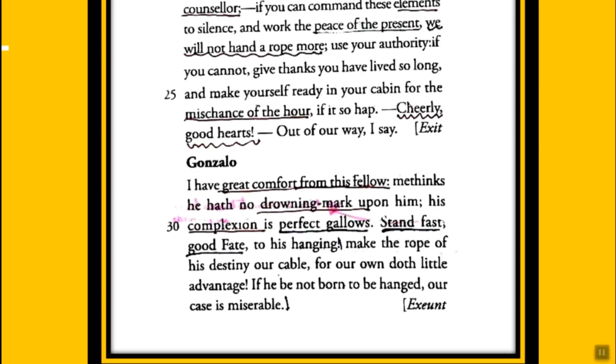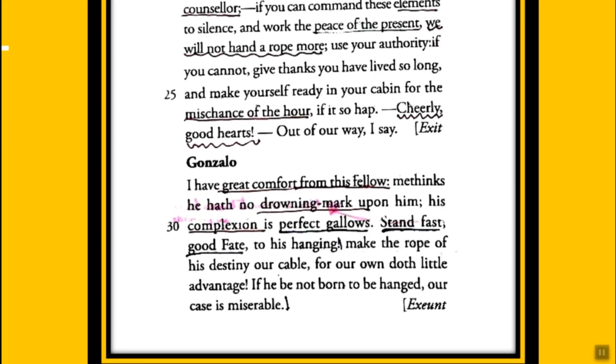Make the rope of his destiny our cable for our own doth. Means let the rope by which he is going to be hanged be the destiny of our cable. Let that rope be the destiny by which we will all be saved from drowning. So if bosun is not drowned and he is to be hanged, automatically he saves the whole ship and everybody on the ship will not be drowned.